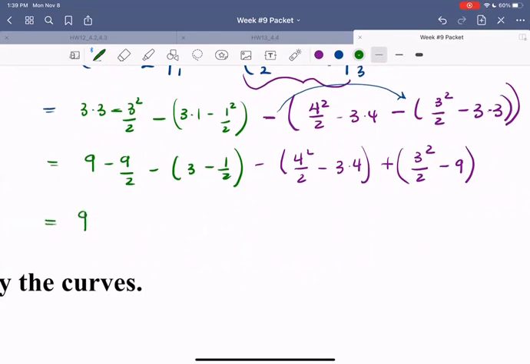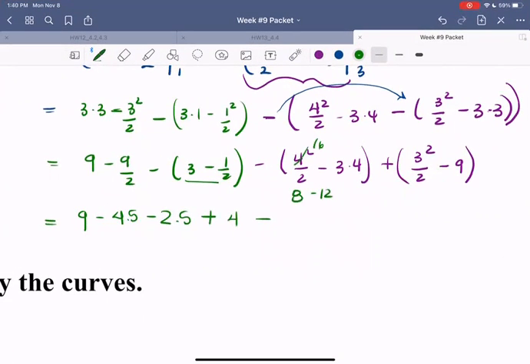So here we get 9 minus 4.5 is 9 over 2. 3 minus 1/2 is 2.5, so minus 2.5. Minus 4 squared is going to be 16 over 2 will be 8. So I get minus 8 here, minus 12, which is going to be minus negative 4, so plus 4.